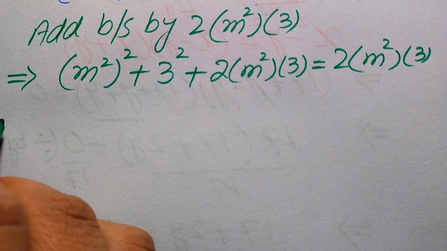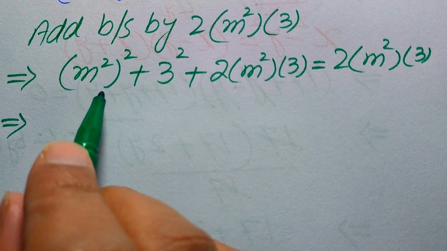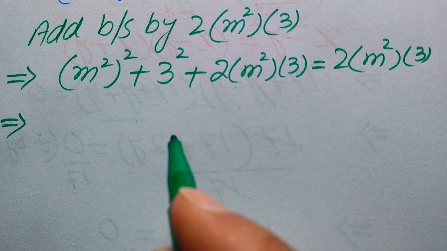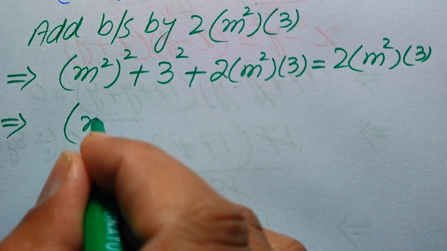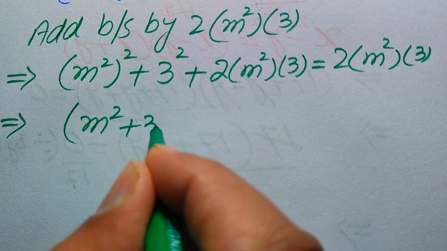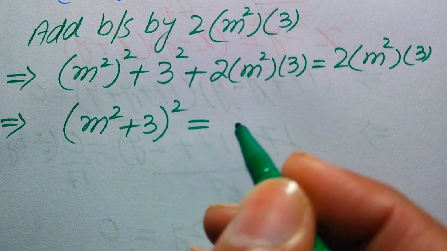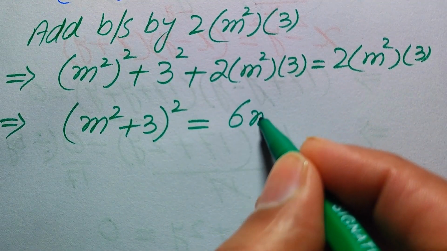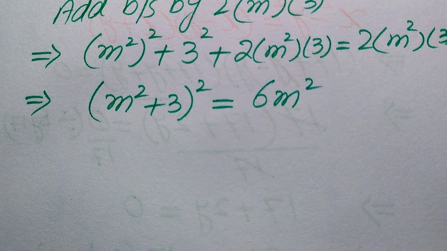So now you see here, the left hand side becomes the complete square of a plus b. So this will be written as (m square plus 3) whole square is equal to, 2 times 3 becomes 6 times of m square.